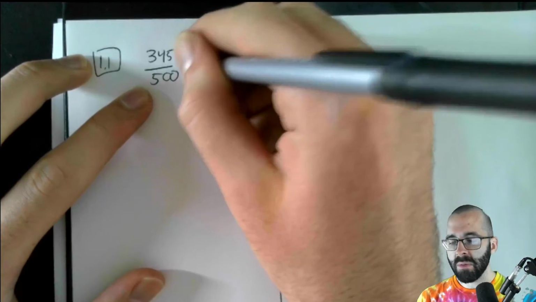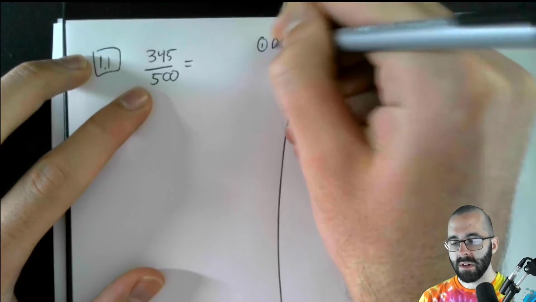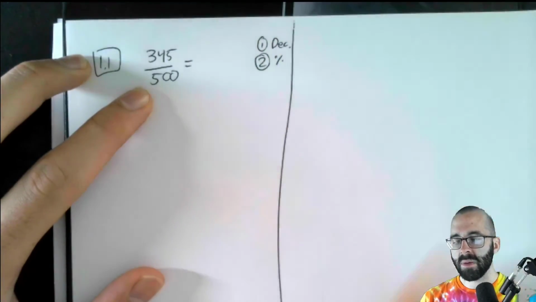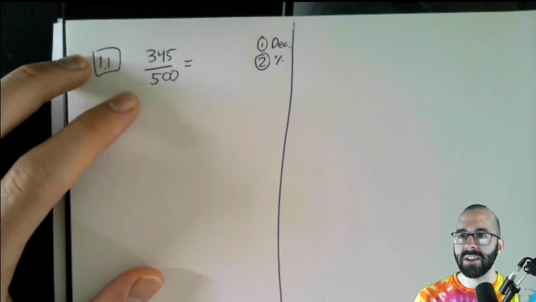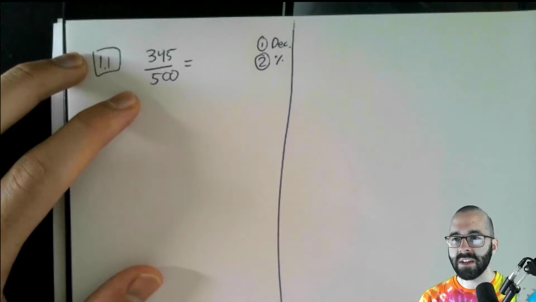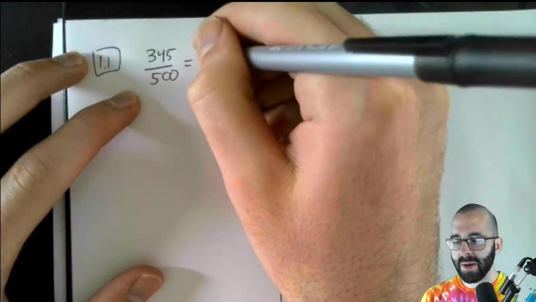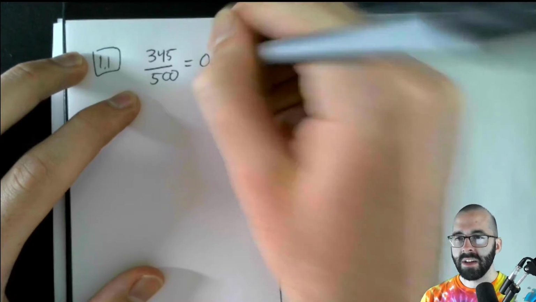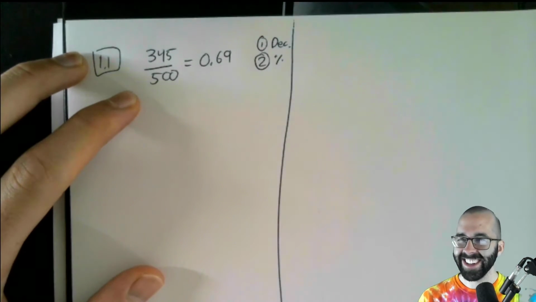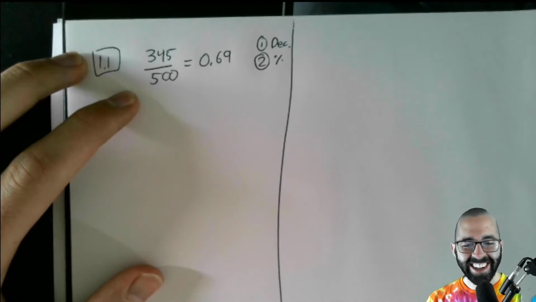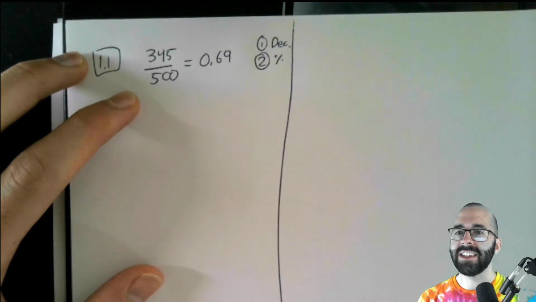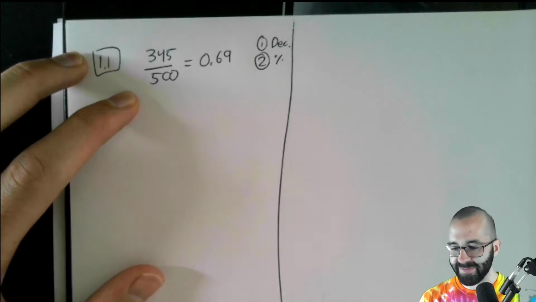So first, we make it as a decimal. And then we'll make it as a percent. That's our problem solving strategy order. So then we go over to our calculator and say, what is 345 divided by 500? It should be 0.69. All right, let me double check with the calculator. 345 divided by 500 is, yes, 0.69.